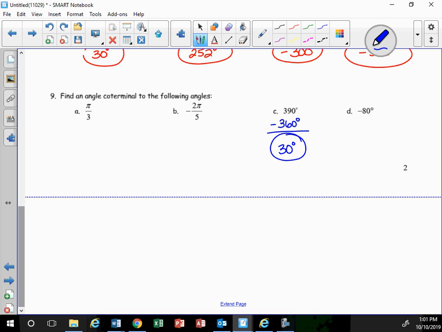I might ask you for 2 coterminal angles. I might ask you for a positive and a negative coterminal angle. So letter D, do you want to add or subtract? Add, all right. What's negative 80 plus 360? 280, right? 280 degrees.